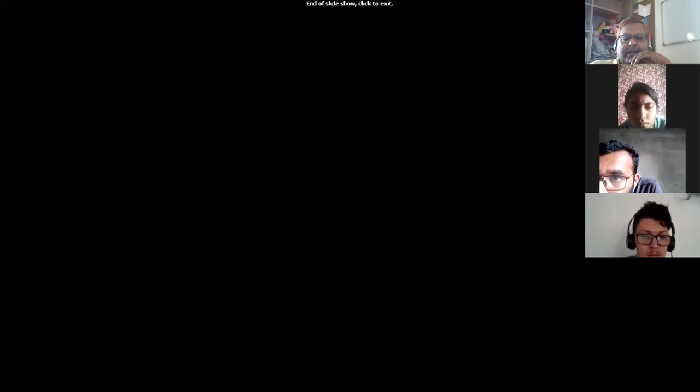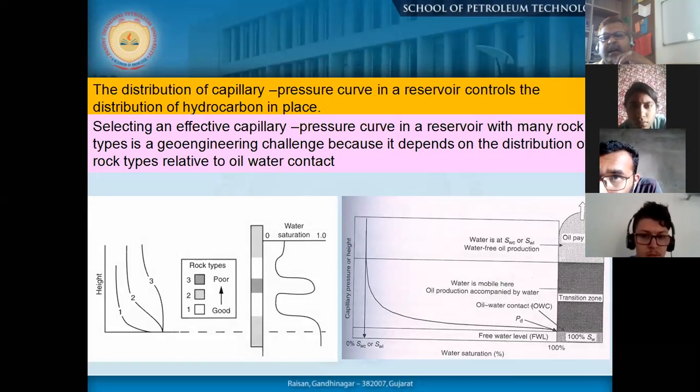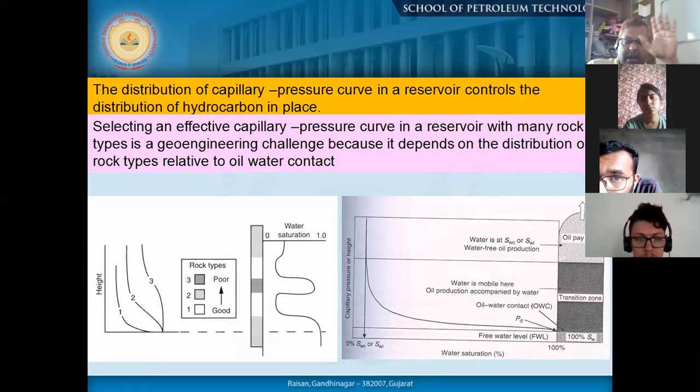These are a few graphs I discussed in the last semester, the first semester, different graphs. Capillary pressure plays an important role for permeability determination and saturation value. So are you clear with all the parts of why petrophysics and fluid property is important for doing development geology?